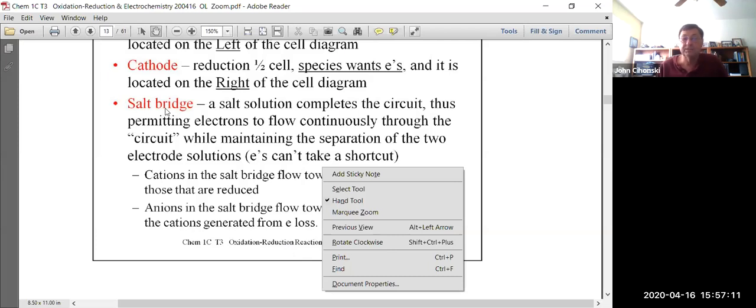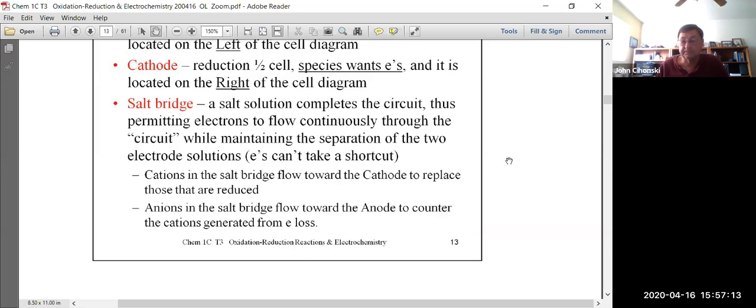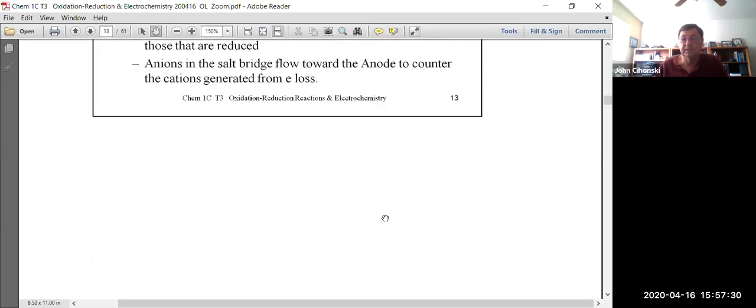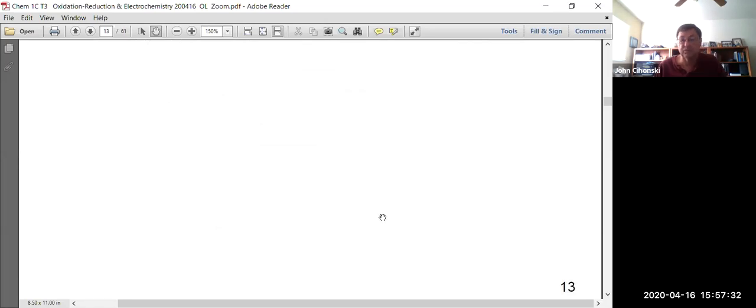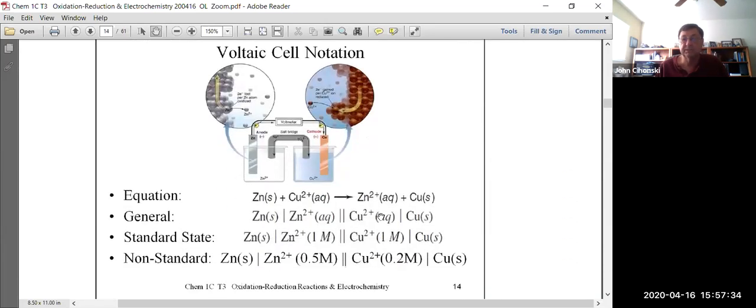So there is an art and a science to the salt bridge. Now, as we said before, the cations in the salt bridge flow toward the cathode, and the anions flow to the anode, okay? Pretty easy, but we just need to make sure that we are using the terms consistently.